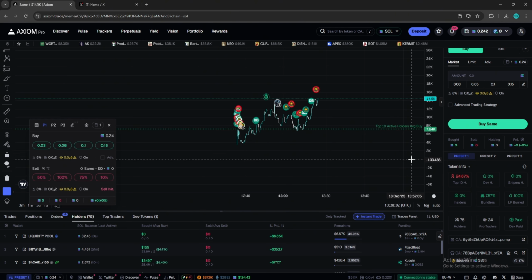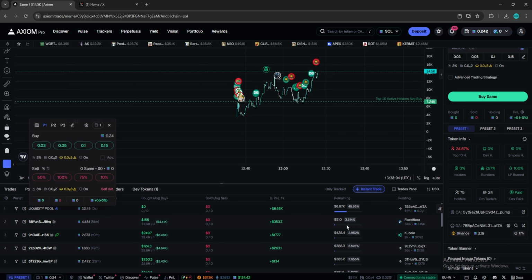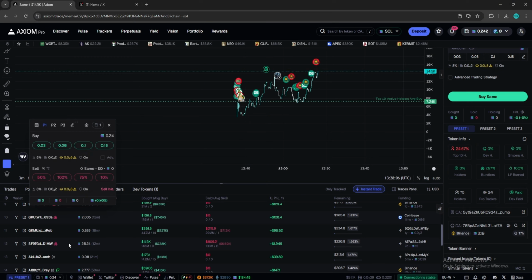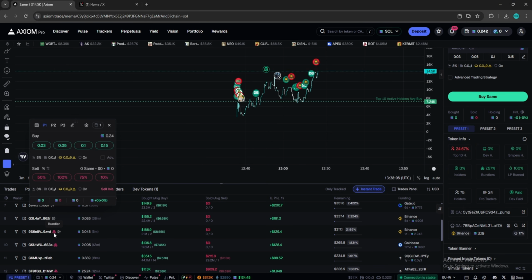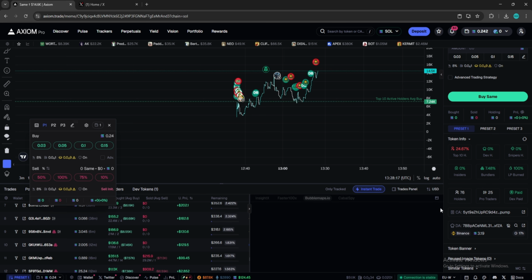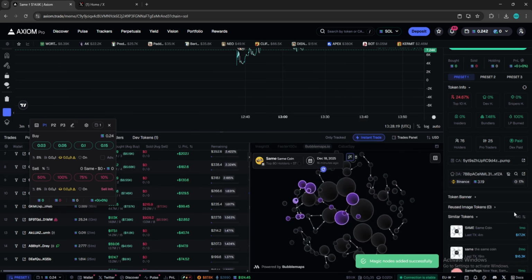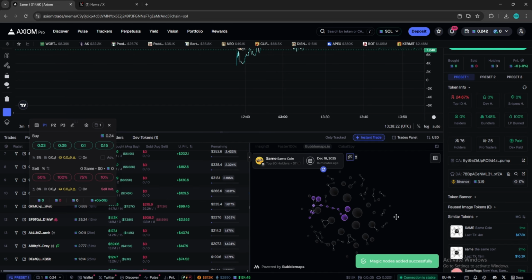With bundlers, you're not really going to see it on here, but with Axiom, this is a bundled wallet, because it's got this little bundle mark on here. Axiom also has this feature where you can see all of the bundlers.